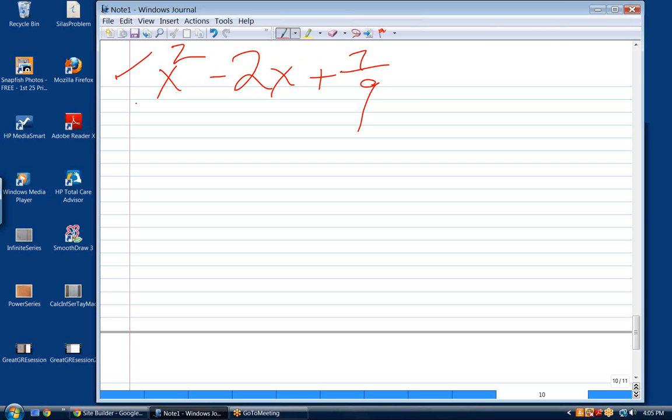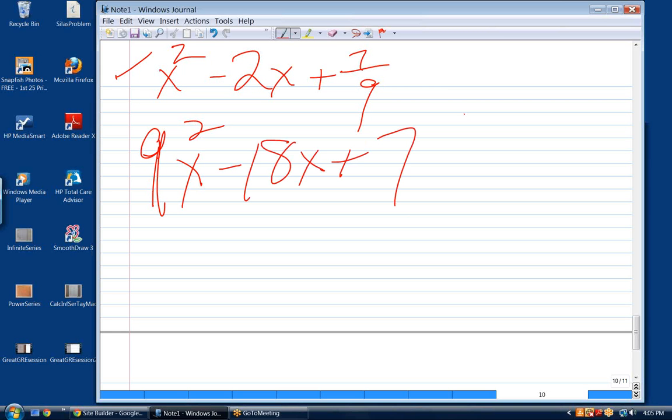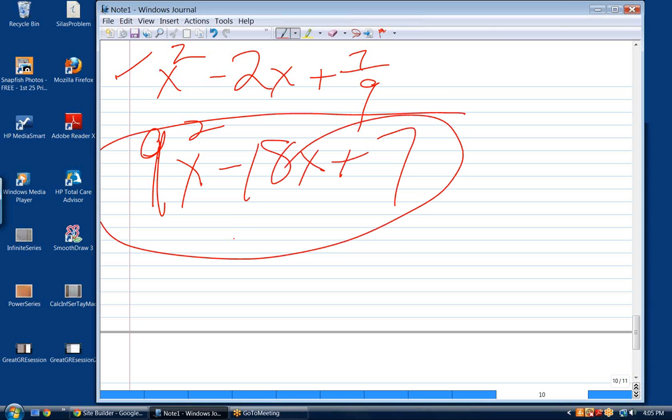So I could multiply everything by 9 to end up with 9x squared minus 18x plus 7. What do they have for this one? They have 9x squared minus 6x minus 1 is equal to 0. Really? Sure you're looking at the right one?